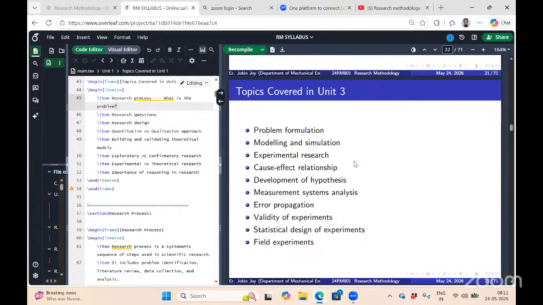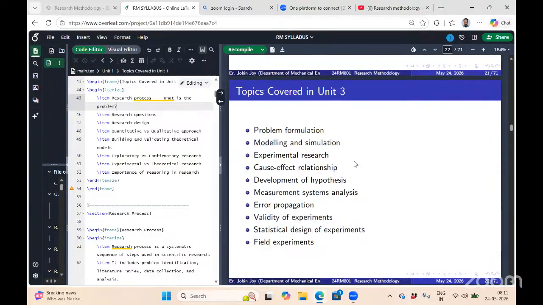Error propagation means how an error will affect the final result. Even a small measurement error will directly affect the result, and there can be a big change in the final result.